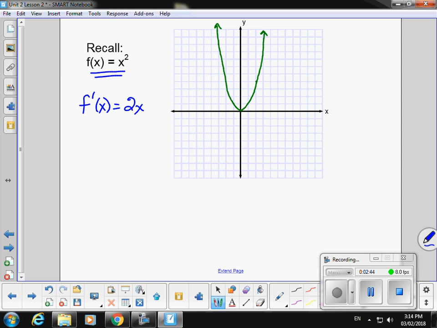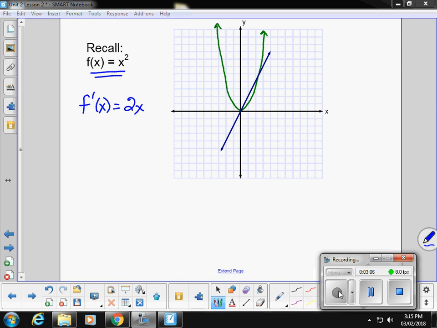Does that make sense if we look at our function? So we're saying the slope of the tangent should look like, or should be represented by, the line 2x. Okay, as best I can, I have drawn f prime x also on the same grid. So let's look at f prime x at 0.